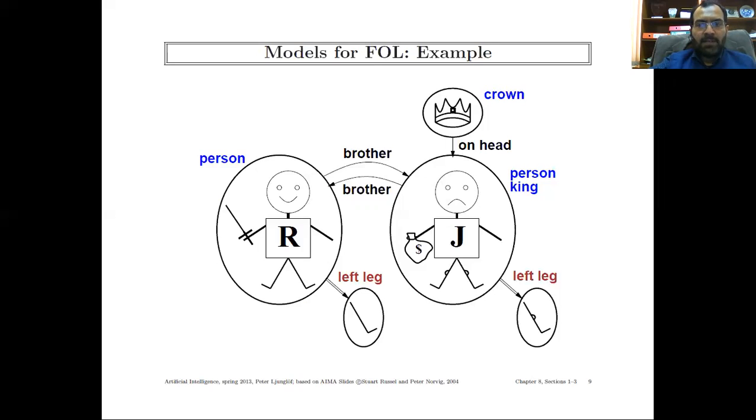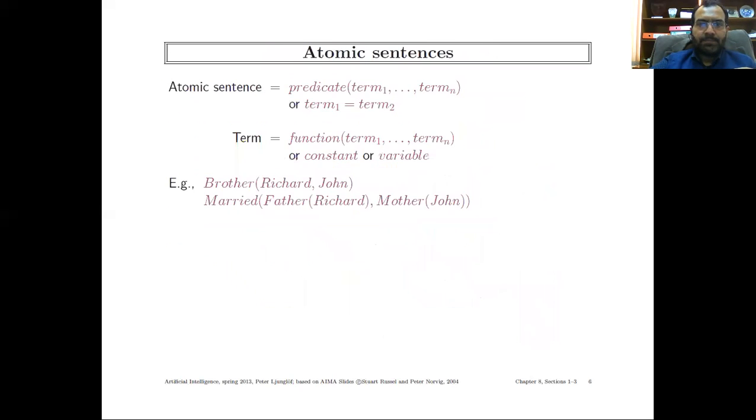So if I represent this sentence, I will write on head as a predicate, and in the bracket I will write John comma crown. So that is the representation in FOL. Similarly, left leg of R and left leg of J can also be represented. In that way, whenever we have a given problem or a given model, we can define the sentences.